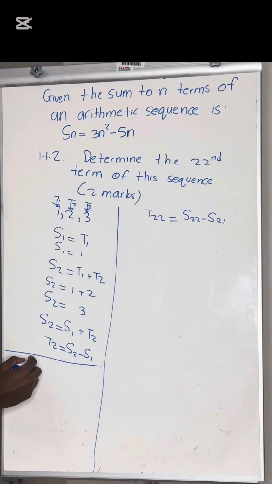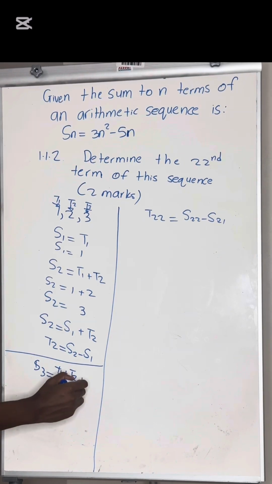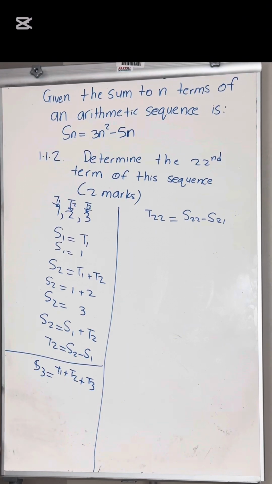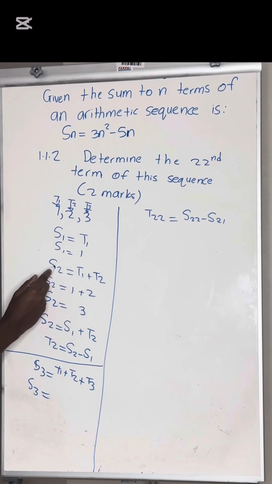So again, let's carry on below. Let's just look for S3. S3 is term 1 plus term 2 plus term 3. So S3 is equal to, we can see that term 1 plus term 2 is actually S2.